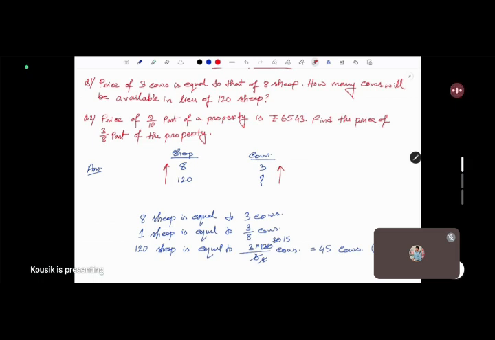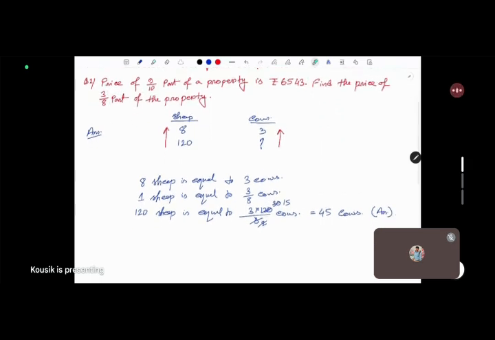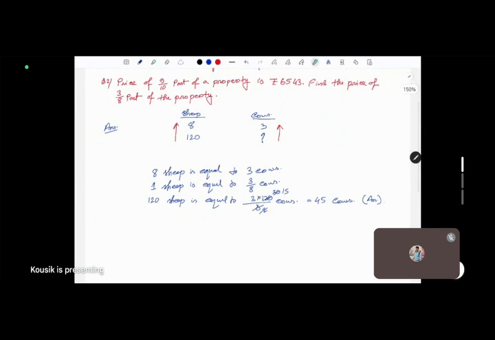The second is similarly this: part is, price is this. Now what is the price of this part? Similarly write that, there is a property, this is the price. This is 9/10 part.